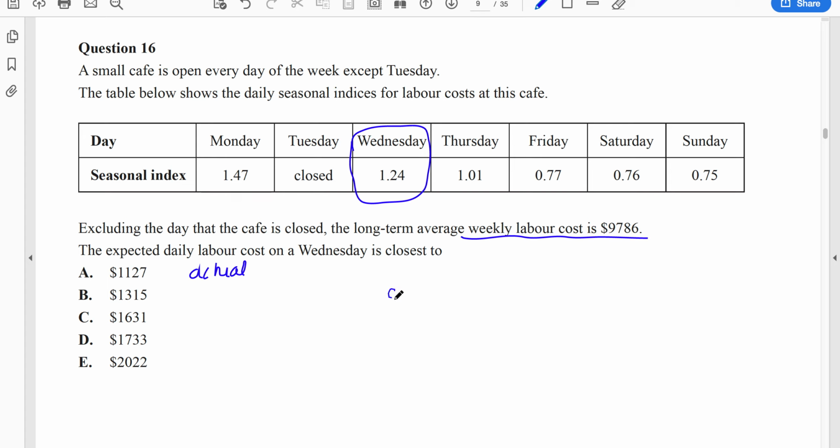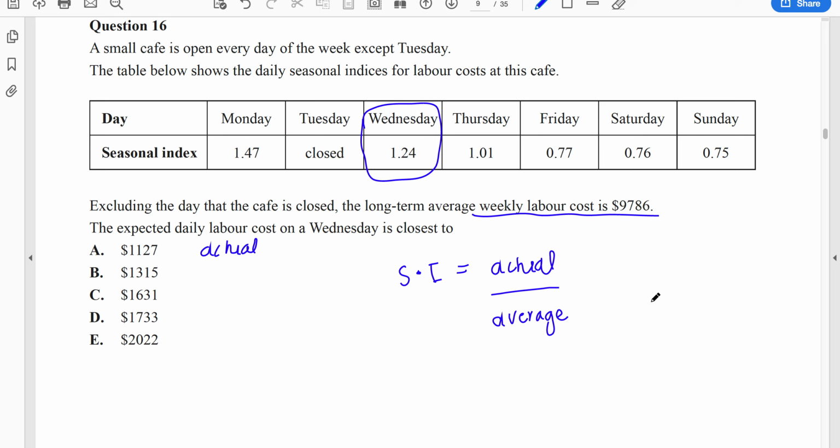Just as a reminder, the seasonal index is your actual value divided by your average. So that's a starting point for you, but some of you might have tried to do this with the average that you got and get something like in the 12,000s, and your answer's obviously not on the list there. So you might have got a bit stuck.